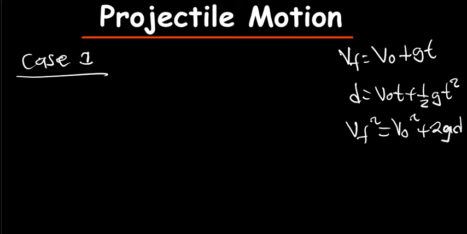Case 1 is a situation, guys, where you have a building and this is the ground. Okay? So you have a ball which is here on top. Now, you are kicking this ball, and this ball is coming from the top of the building with the initial velocity of 0.